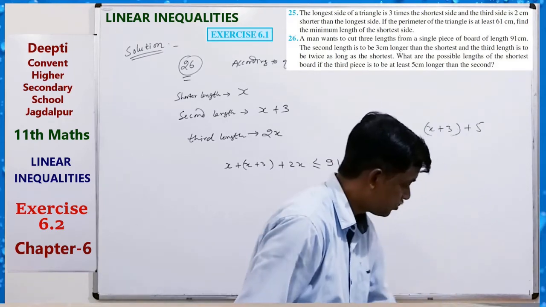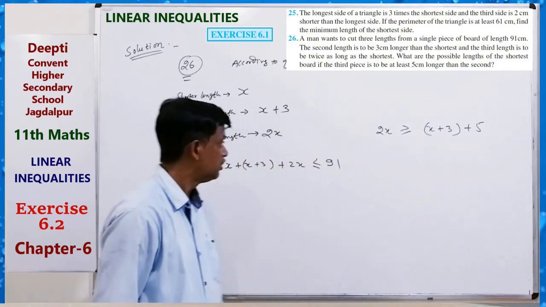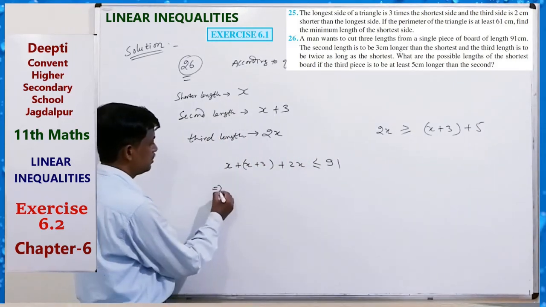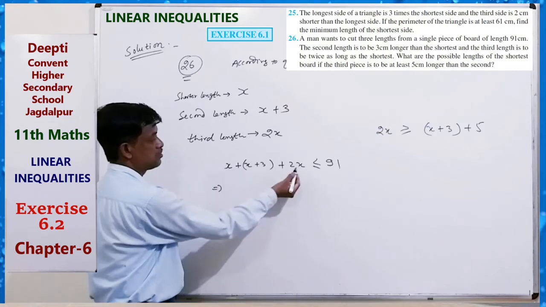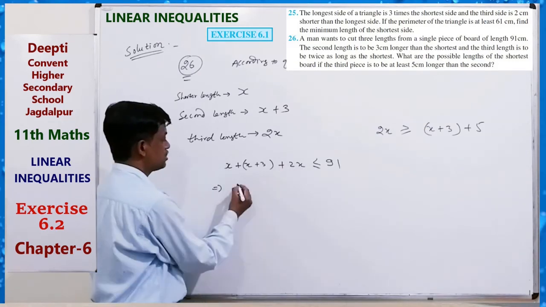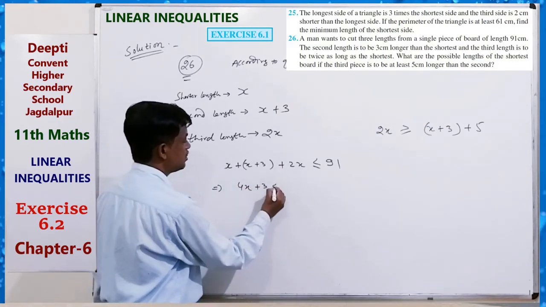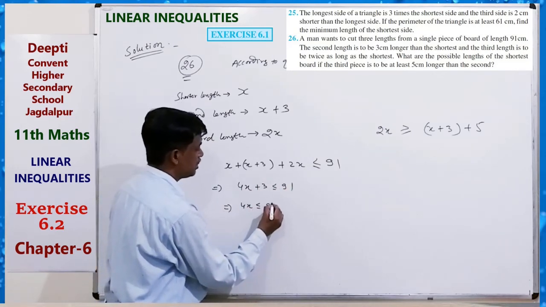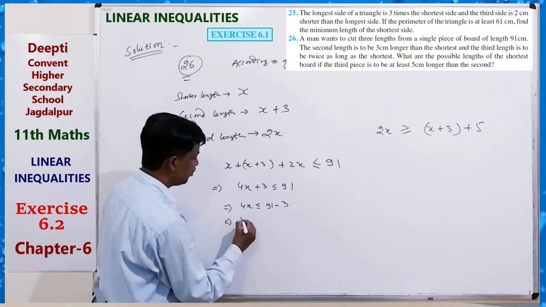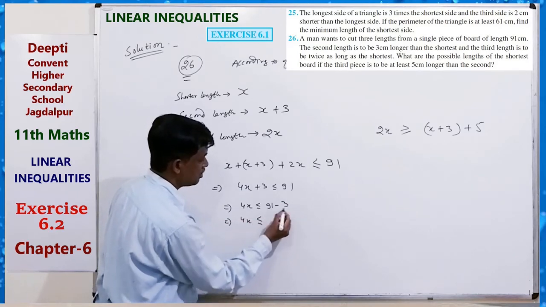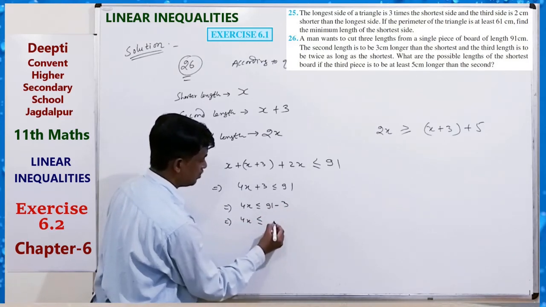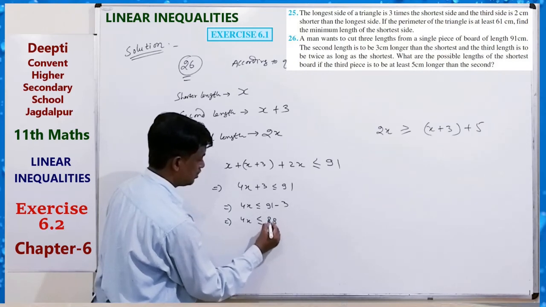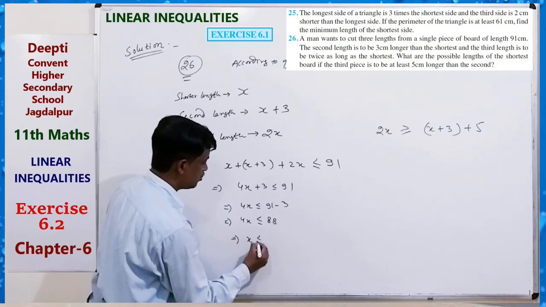Greater than or equal, less than or equal. Just solve it. x plus x plus 3 plus 2x gives 4x plus 3 less than or equal to 91. So 4x is less than or equal to 91 minus 3, that is 88, so x is less than or equal to 22.